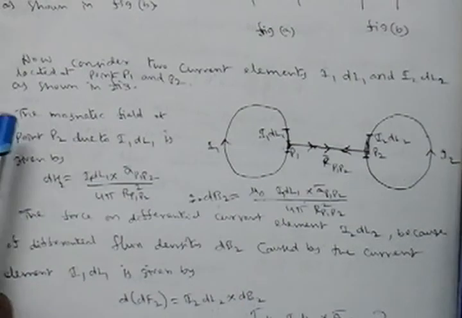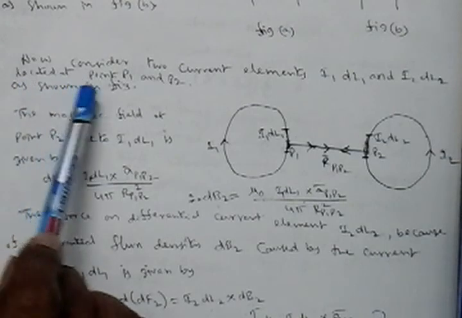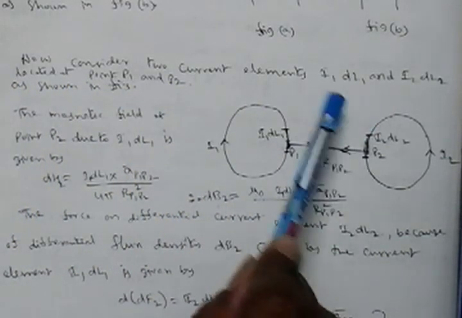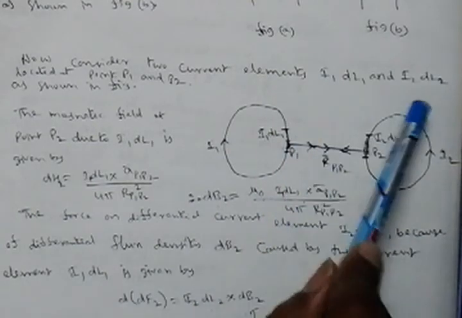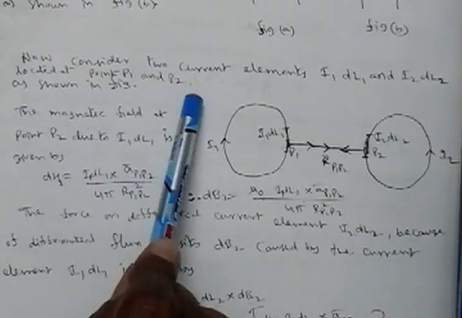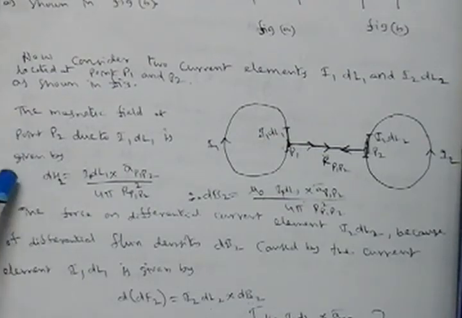Now consider two current elements: I1 dl1, the current flowing through conductor 1 with differential length dl1, and I2 dl2, located at points P1 and P2 as shown in the figure.